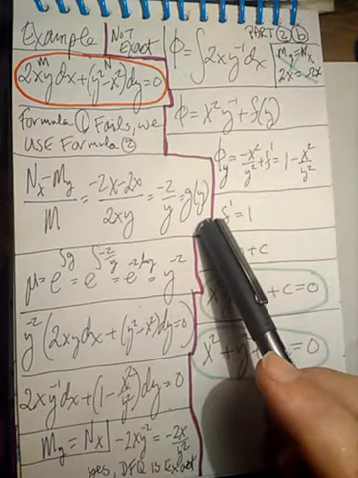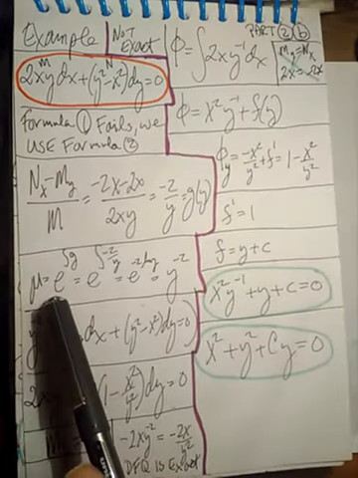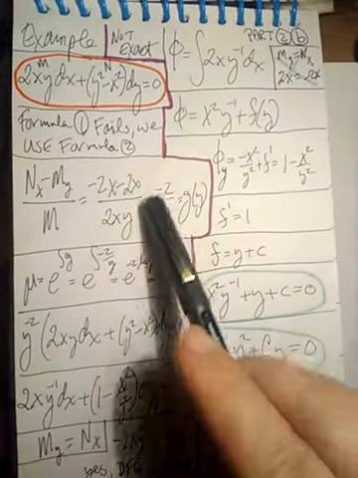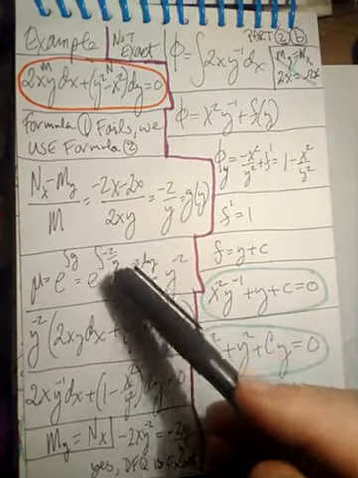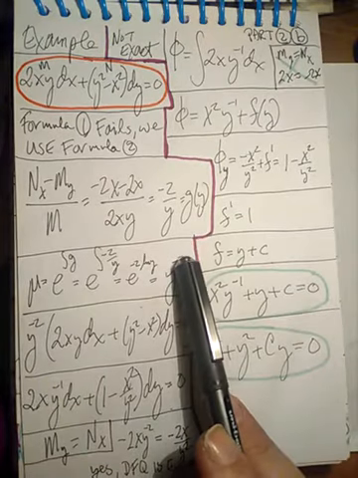So our integrating factor, we had a formula that I gave you: mu, the integrating factor, equals e to the integral of g, and g is this function that we found here, negative 2 divided by y. The integral of this is this, and if you do a little bit of algebra, you get mu equals y to the negative 2.